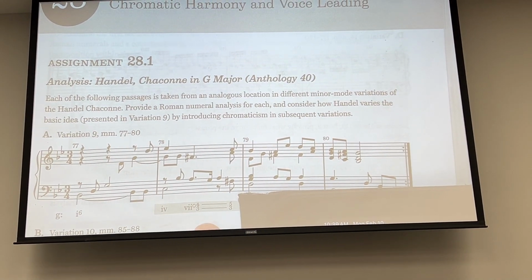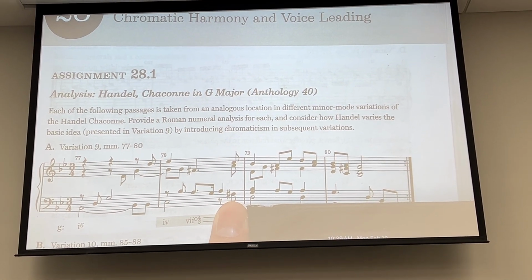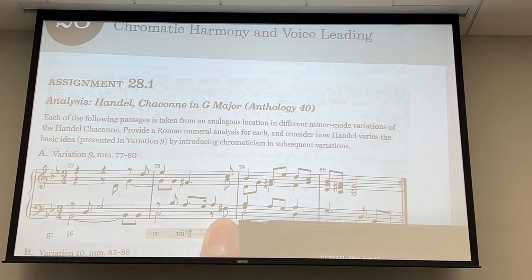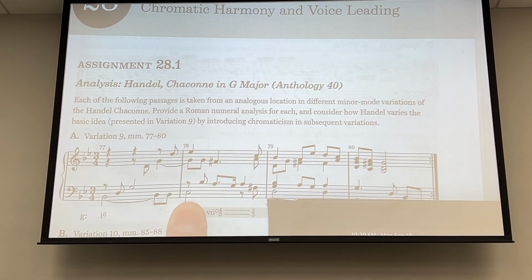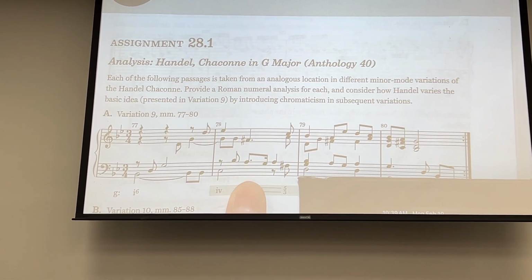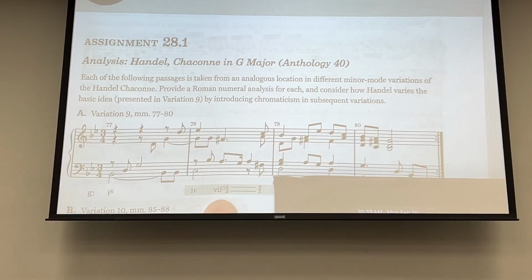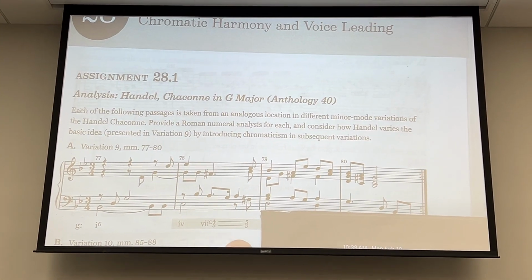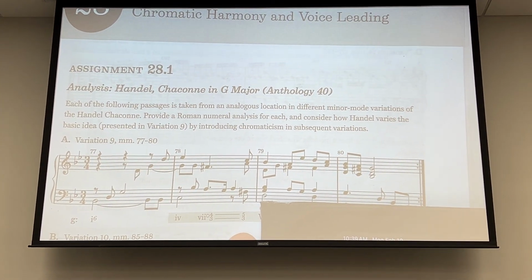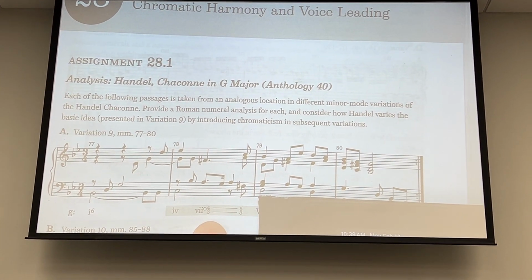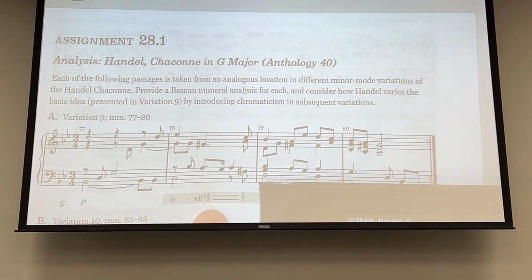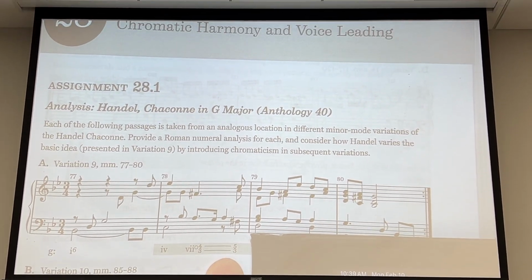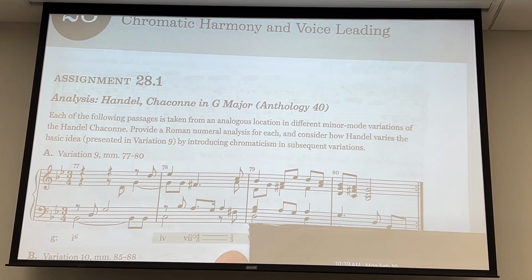So this would just be a 7 diminished in root position because the F sharp's on the bottom. Because that C's on the bottom there, you could argue that it goes from a 7 diminished 6/4 to a 5/3, because 6/4 is our second inversion of a triad.